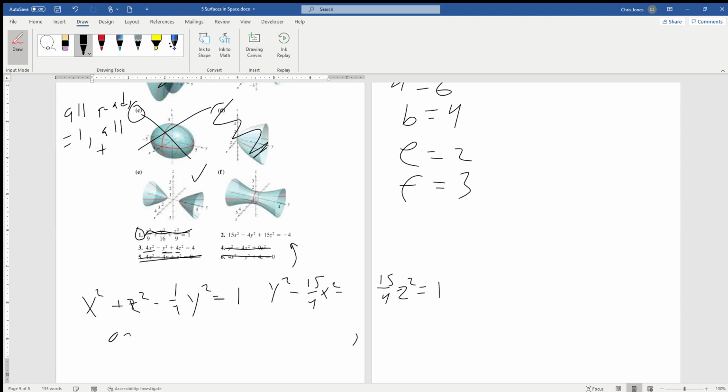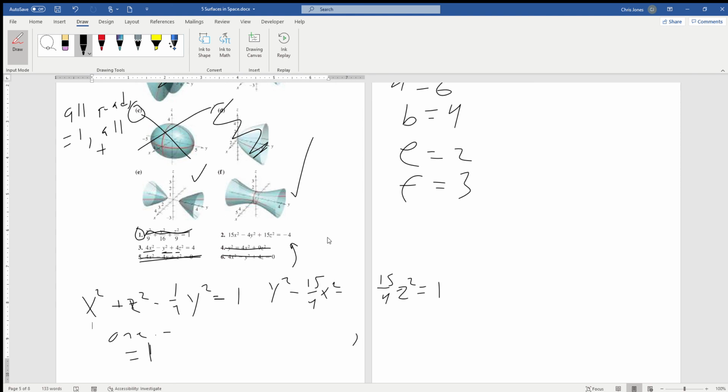So we have 1 negative, it equals 1. All right, so it should be expanding upon the y-axis. So we have this hyperboloid of 1 sheet, and again, that is expanding on the y-axis. So we know with almost certainty, unless we made a calculation error, that number 3 is F.